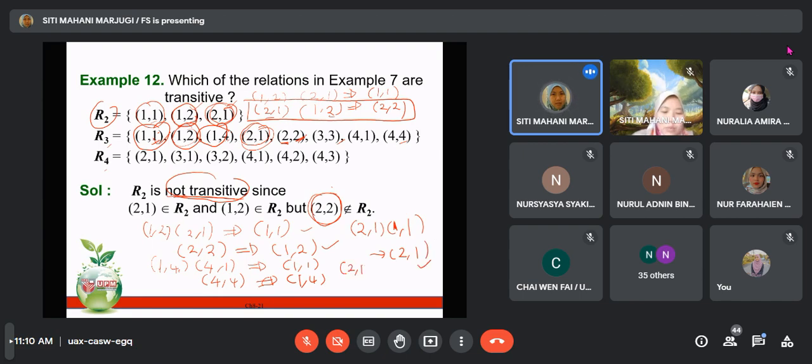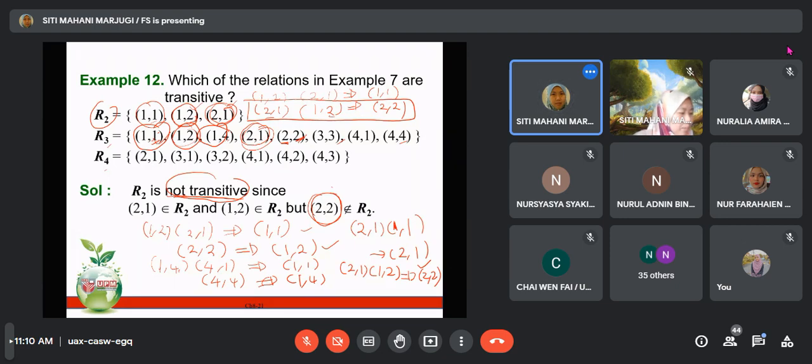Another one, (2, 1) and (1, 2) implies (2, 2). Is (2, 2) there? Yes, (2, 2) is also there.